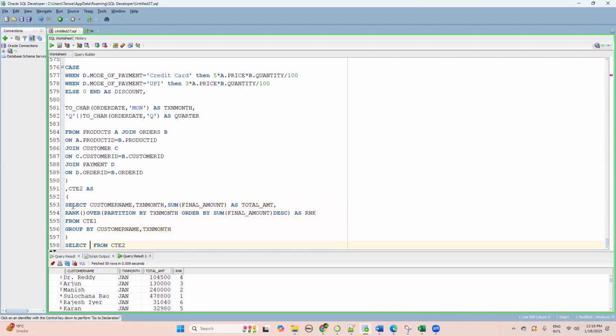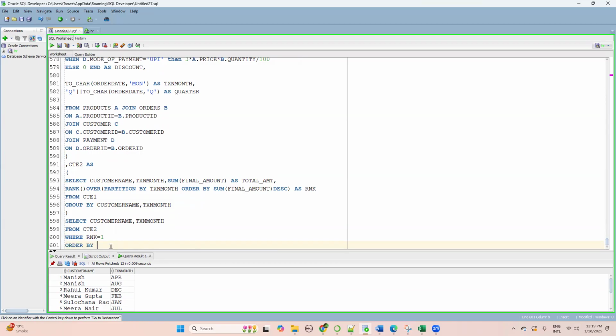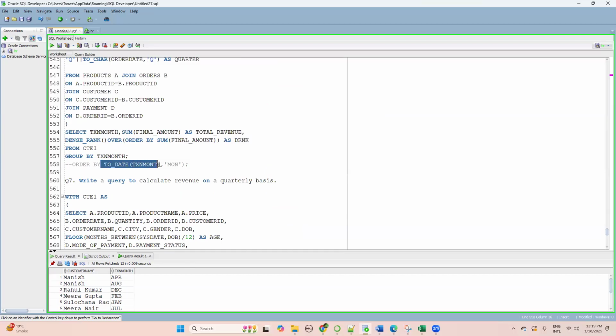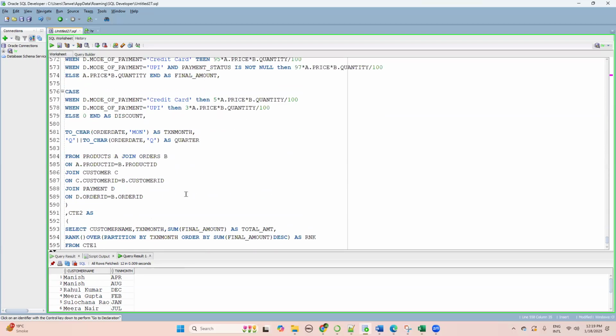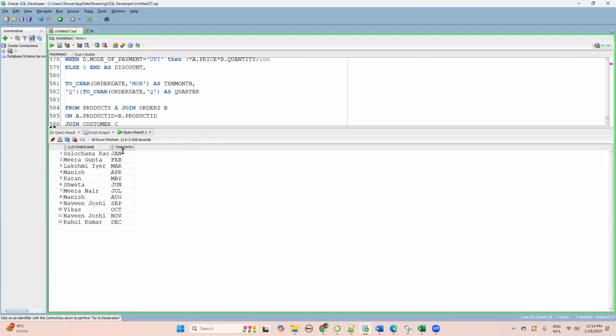Keep this here from CTE2, where rank equals 1. So now this will give you for each and every month. If you want to show this, you can use order by, same thing, transaction month, comma month. Now this will give you, January, February, each and every month, the customer who has done the maximum transaction. Till here, is this clear?